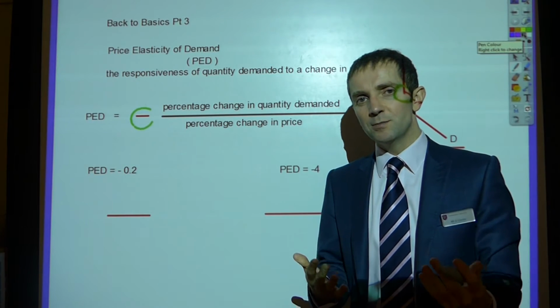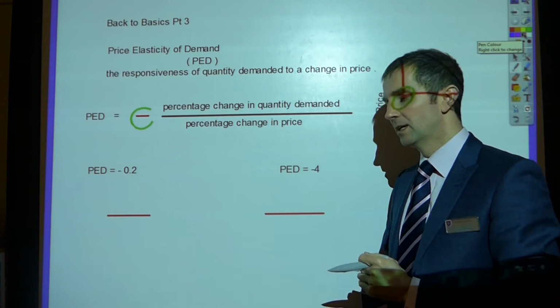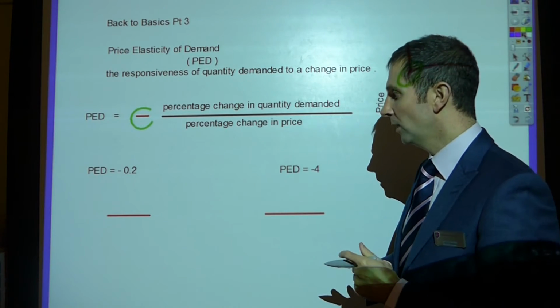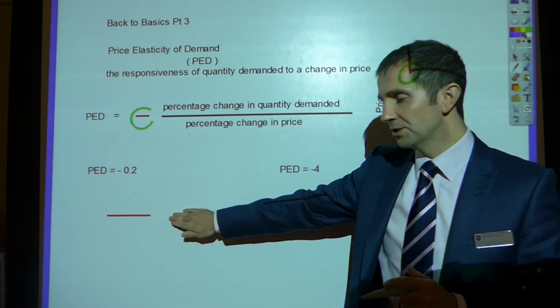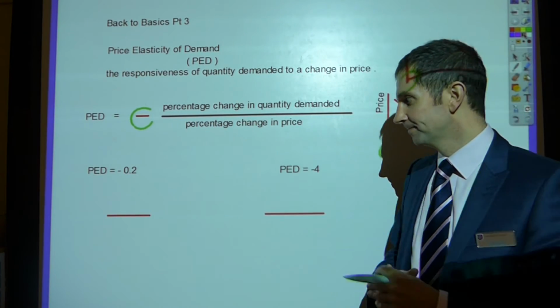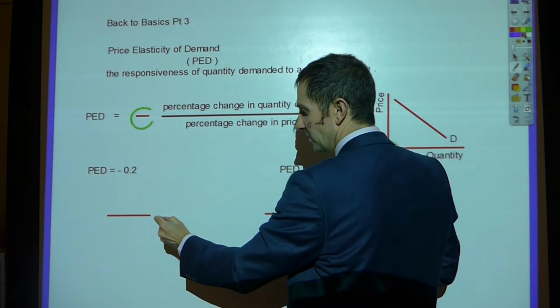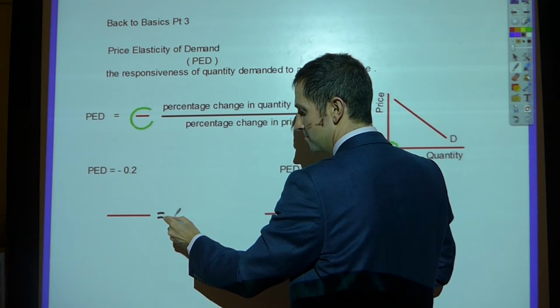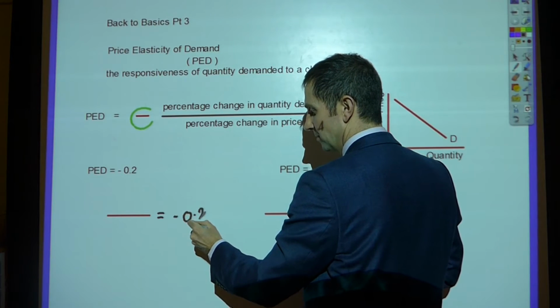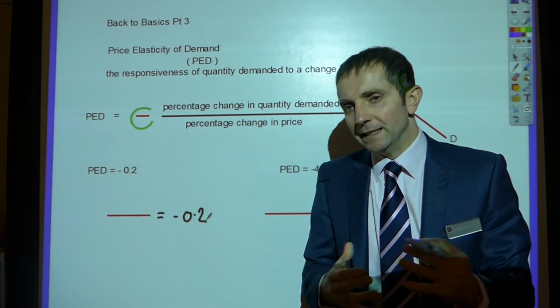Well, I always tell my students to work on the basis of 10%. So what do I mean by that? Well, I've drawn this line, ladies and gentlemen, to indicate the division in this instance, and we know in this case that it's equal to minus 0.2. Now what does that mean?